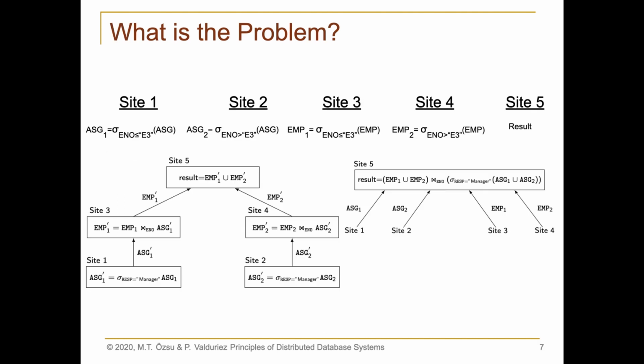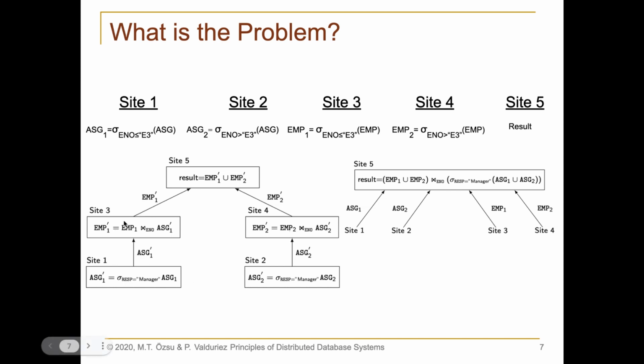And according to the same strategy, the third step would be to perform an equi-join with what we have from site 1 and what we already have in site 3 for the left side, and what we have from site 2 and what we already got in site 4.